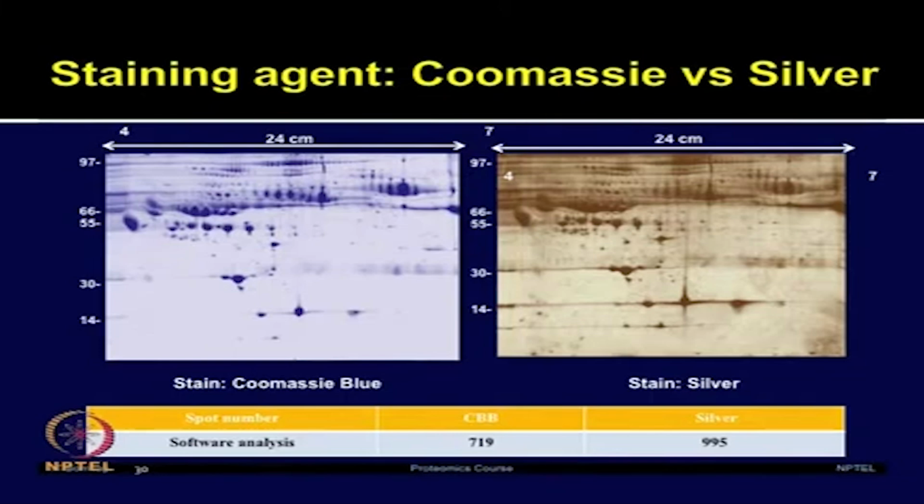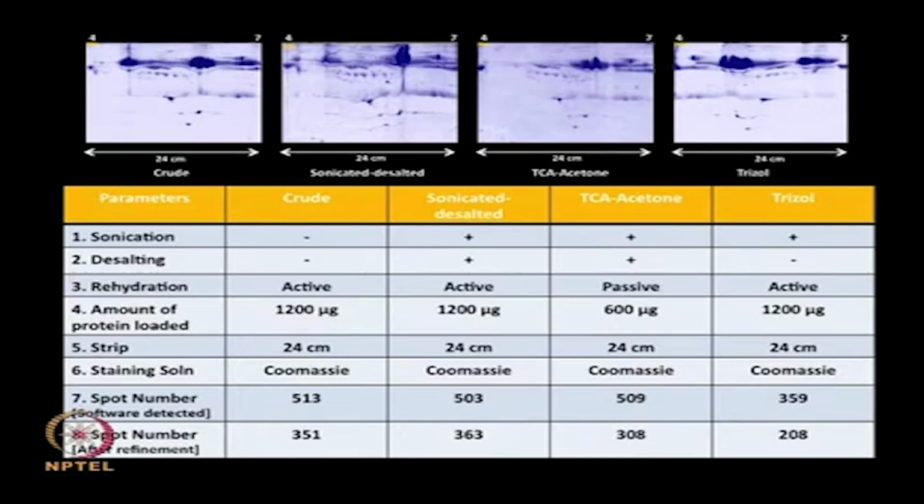So, this slide gives you an overview of various parameters which we investigated from different treatments: crude serum, sonicated and desalted, TCA acetone precipitated and Trizol extraction methods.